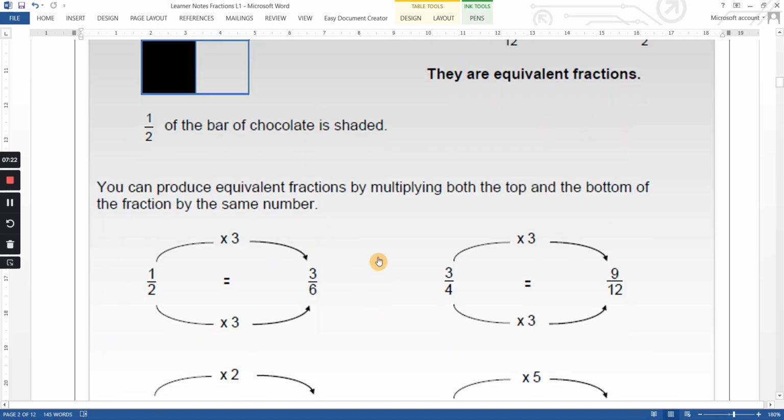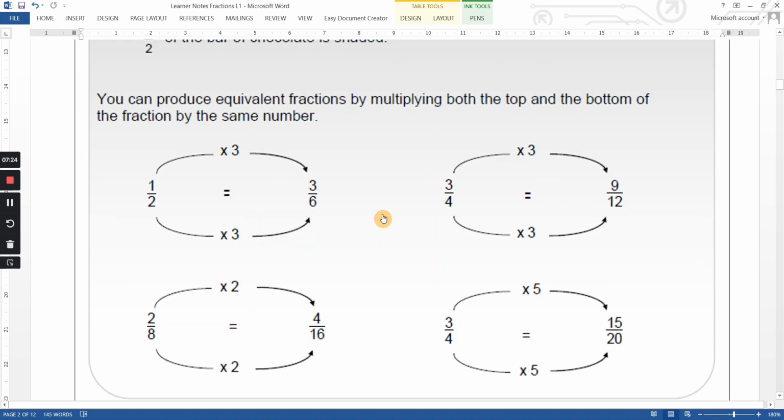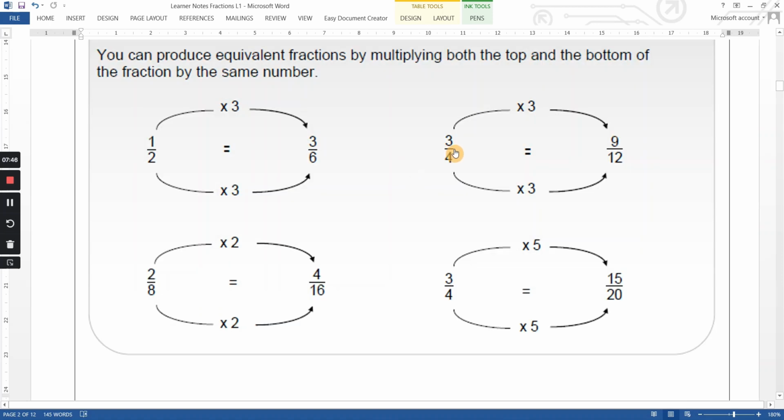You can produce equivalent fractions by multiplying both the top and bottom of the fraction by the same number. Notice if you have a half and you multiply the numerator by 3 and the denominator by 3, you'll get 3 out of 6, which is the same as a half. Same for 3/4.